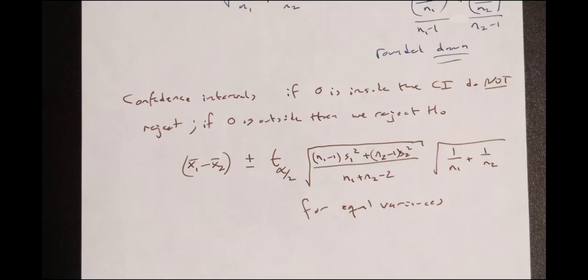And then it's divided by the number of things. That's standard error. S over square root n. That's exactly what I should be seeing for my standard error.